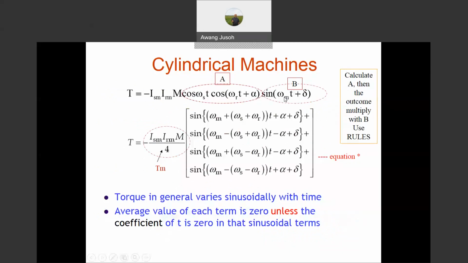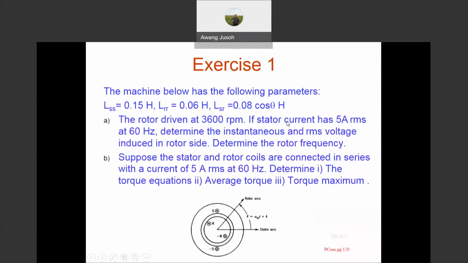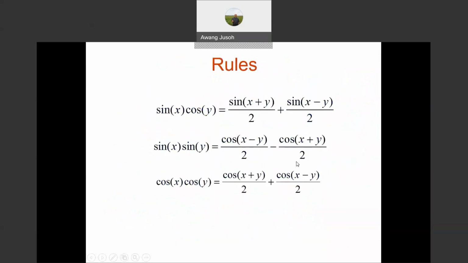So if we say this is part A and this is part B, first you need to multiply cos and cos in part A using a rule, like I will show you later. What is the rule for that? Yes, this is the rule for cosine. Cosine multiplied by cosine gives cosine of x plus y plus cosine of x minus y, divided by 2, right? So we use this rule first, multiply cos by cos, and after that multiply cos and sine. This answer is multiplied by sine theta.